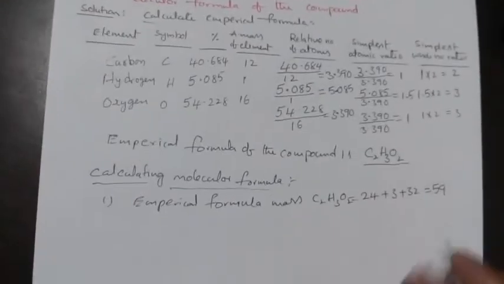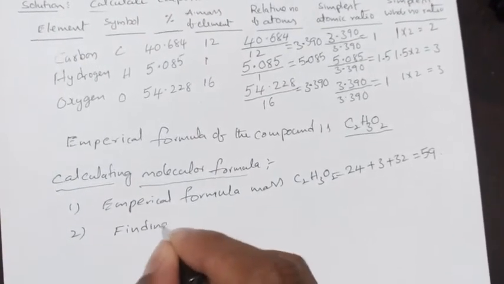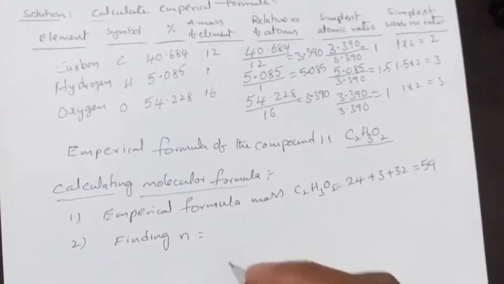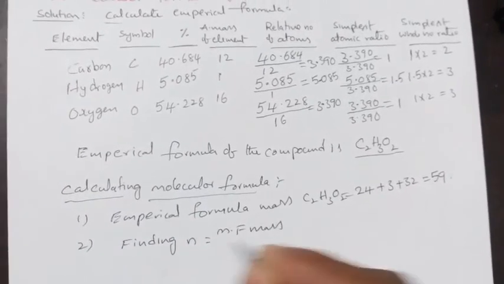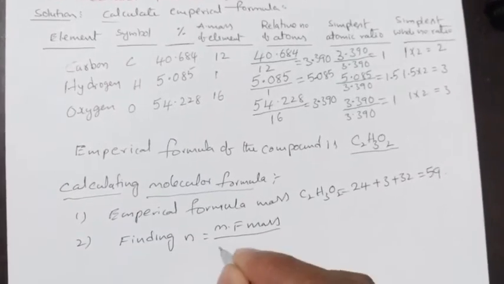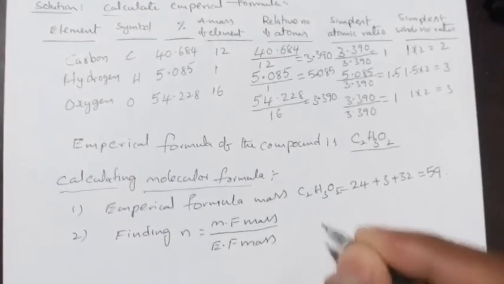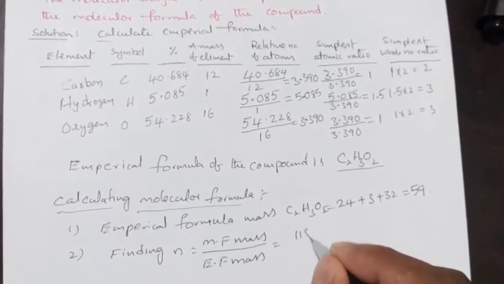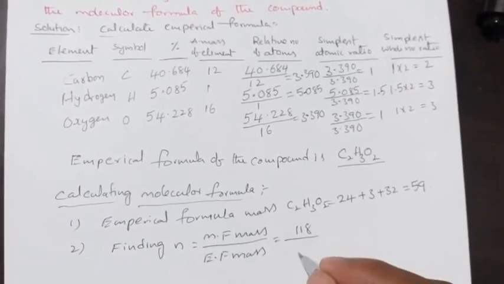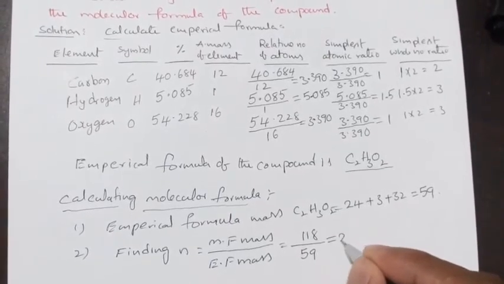59. Next, step 2, finding n. n equals molecular formula mass by empirical formula mass. Molecular formula mass is given, that is 118. So 118 by the empirical formula mass 59, we will get 2.